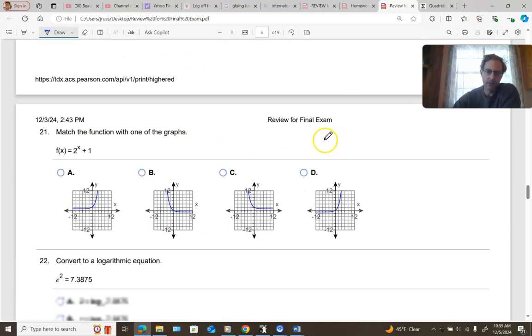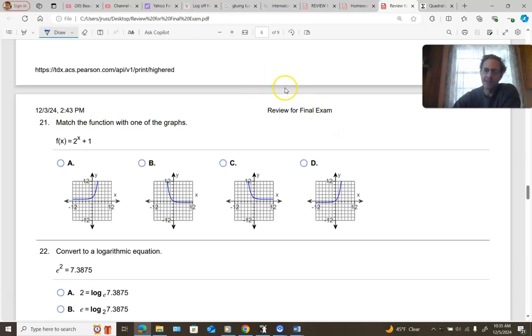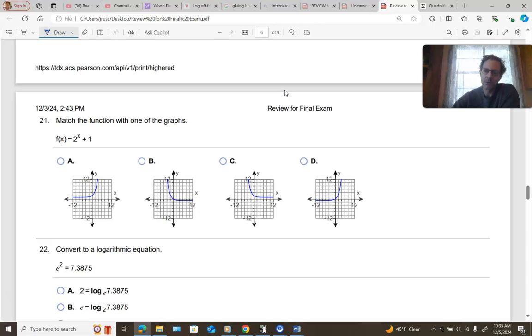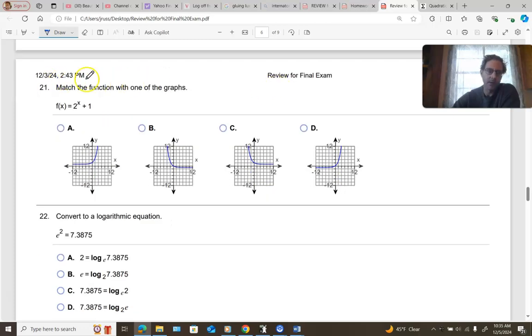All right. I feel like this final is not too bad, especially since it's multiple choice. Okay, 21, it says match the function with one of the graphs. Well, guys, if you remember what that basic 2 to the x looks like, this one's just going to be shifted up 1 unit. So instead of crossing the y-axis at 1, it'll cross the y-axis at 2.